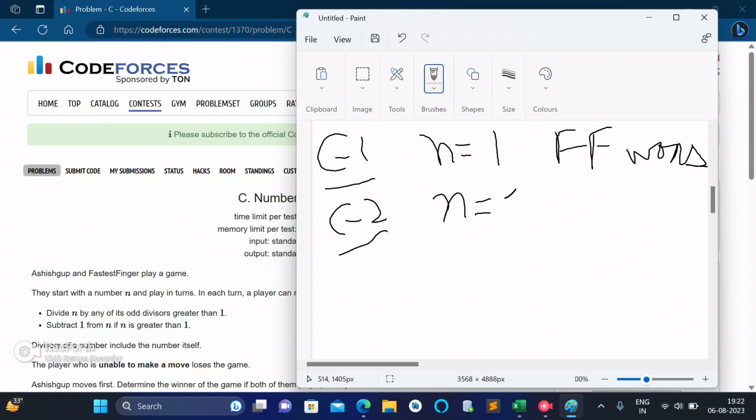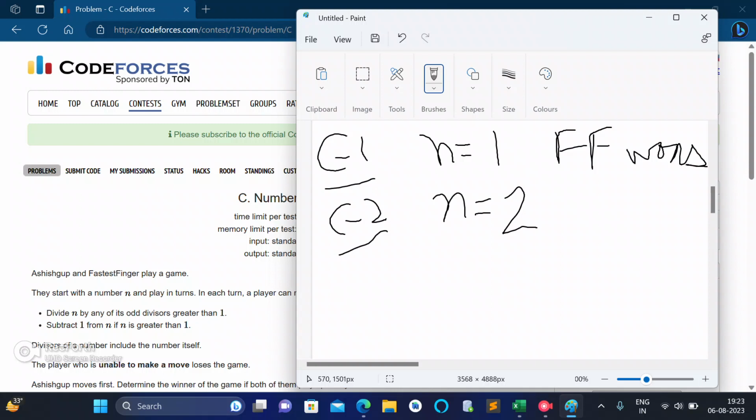Let's say case 2, if n is equal to 2. We can easily see that n equal to 2 does not have any odd divisor which is greater than 1. So the only operation which Ashishgup can apply, because Ashishgup has the first turn, is operation number 2.